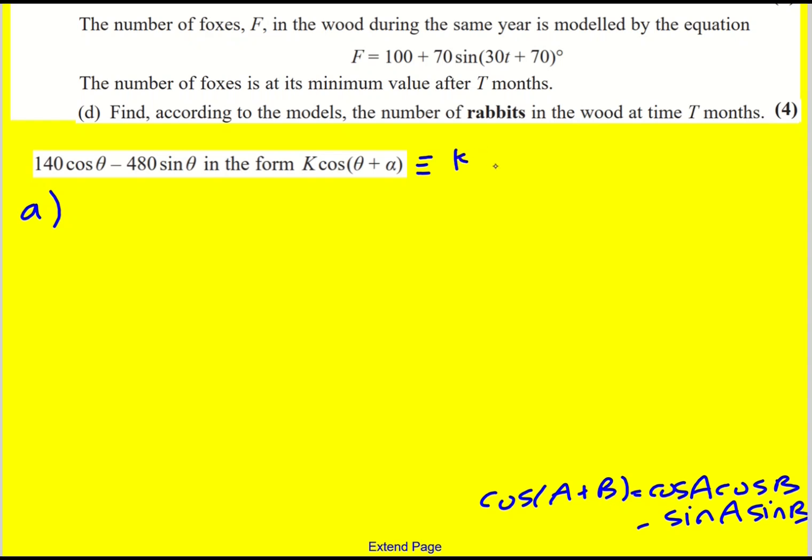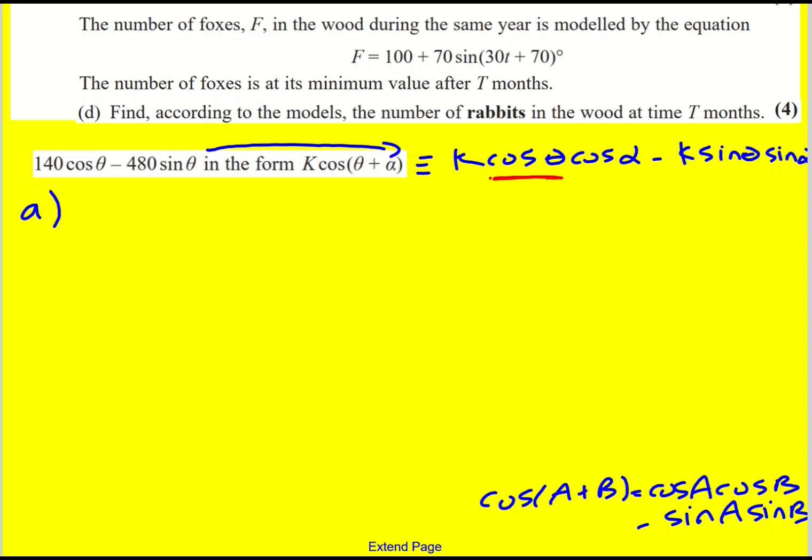So here we will get K cos theta cos alpha minus K sine theta sine alpha. And I'm basically saying that this is equal to that.